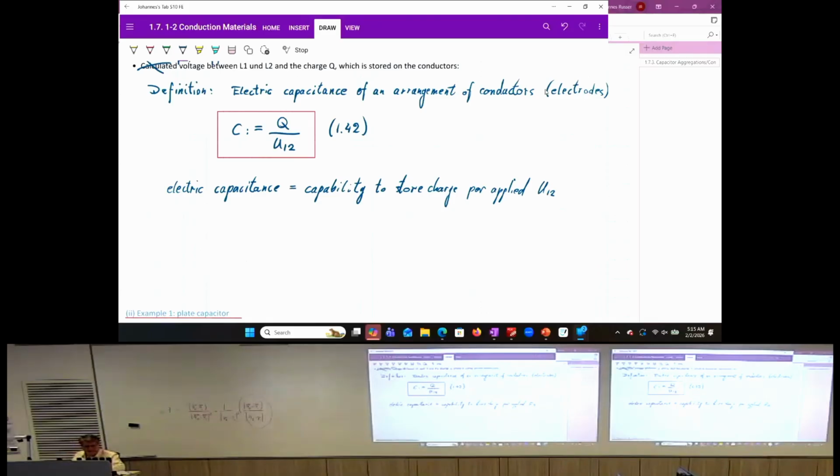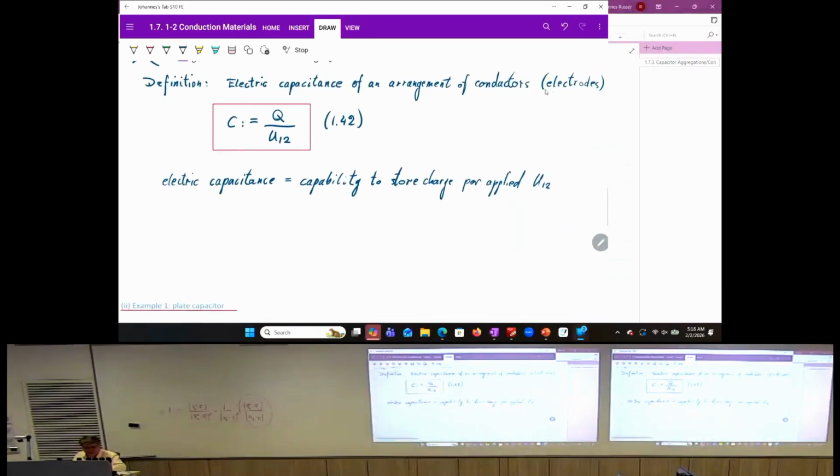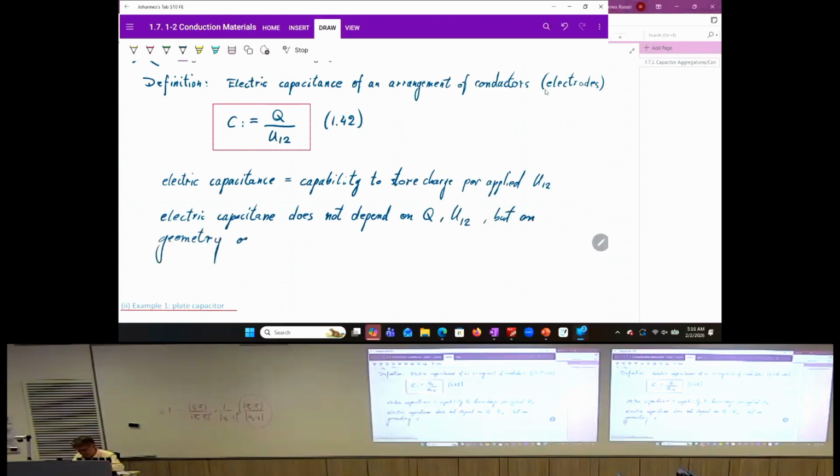And so this geometry dependent parameter, that is basically termed the capacitance. It does not depend on Q. It does not depend on U12. However, it depends on geometry and on that only.